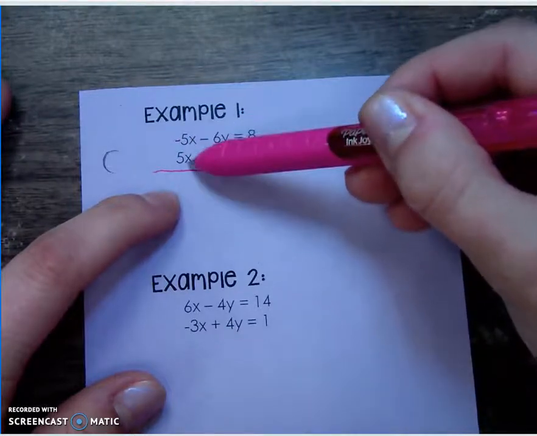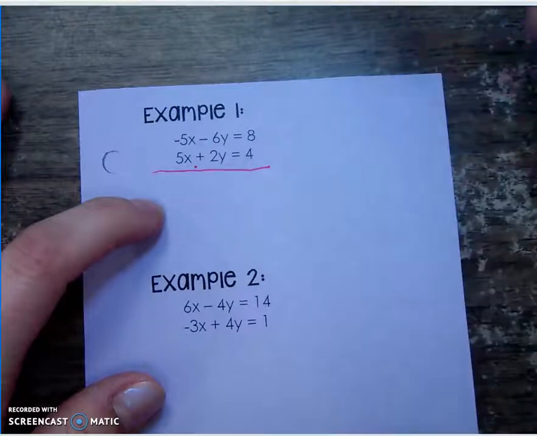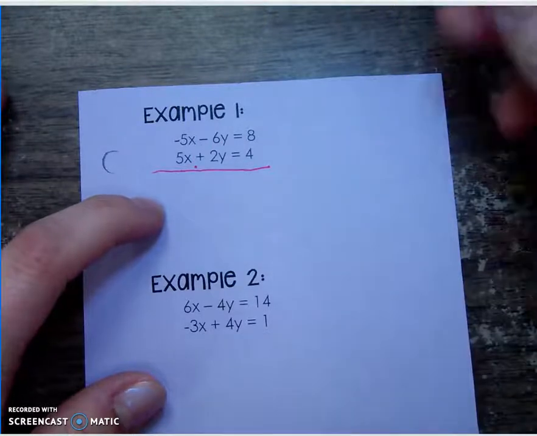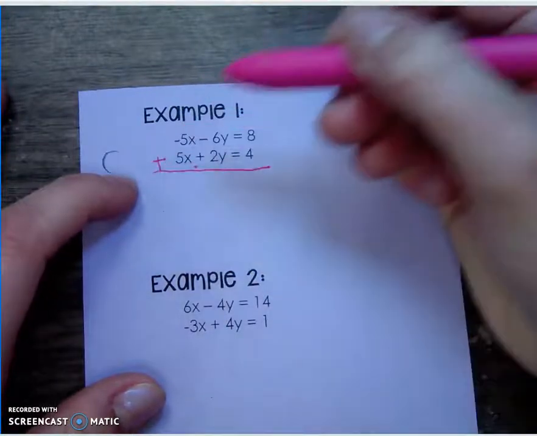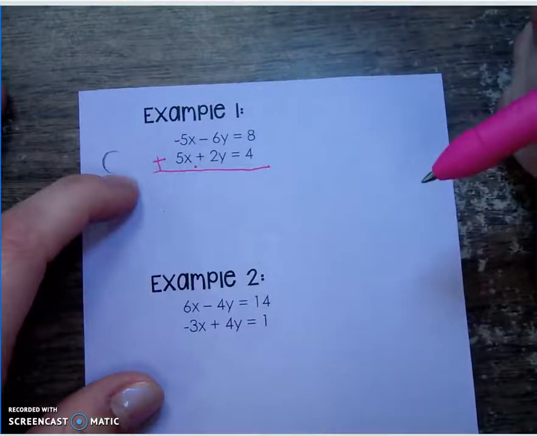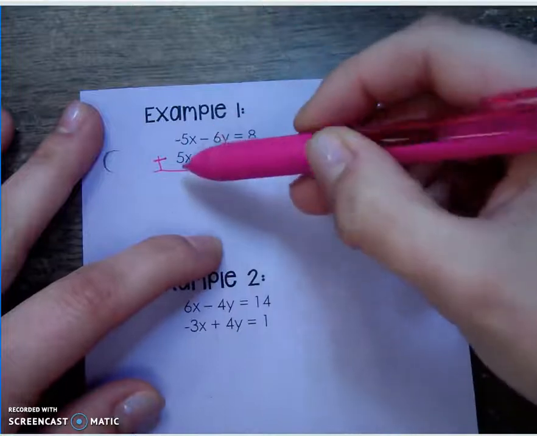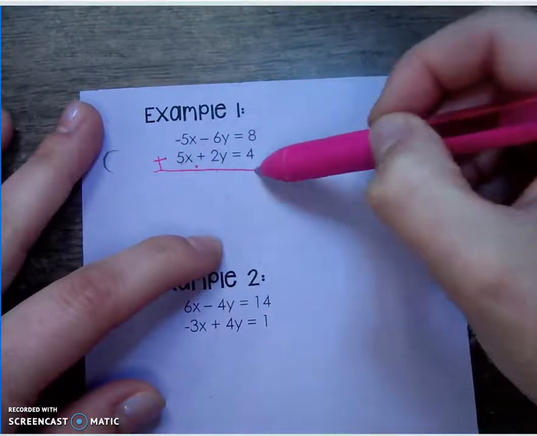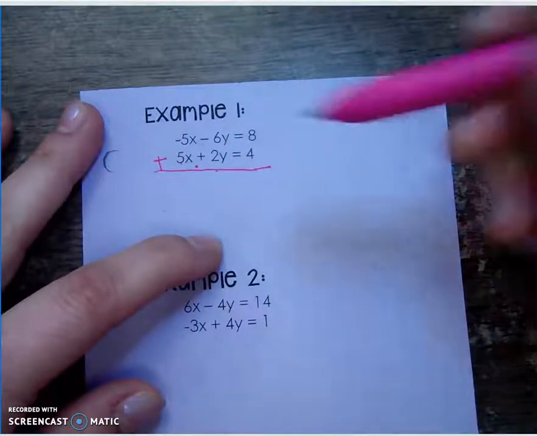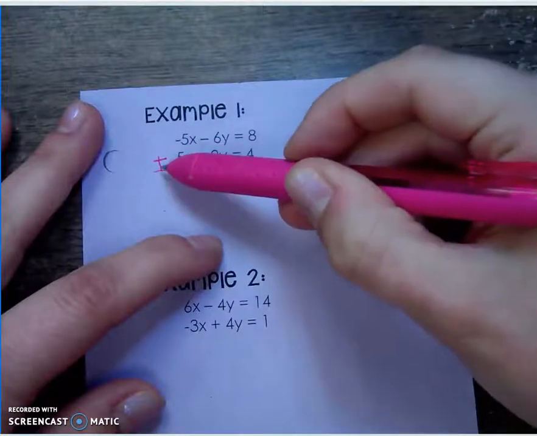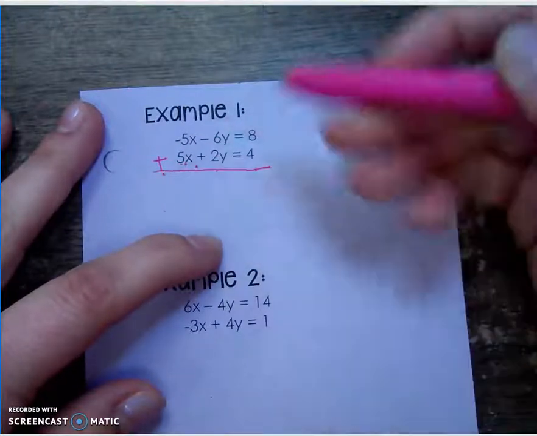Well, negative 5 minus 5 is negative 10. That doesn't eliminate anything for me. So I know I need to add. When there are different signs, I'm going to add. And I'm going to add not just that term, but every term, whatever was on top plus the bottom. So that looks like negative 5x plus 5x, which cancels out.